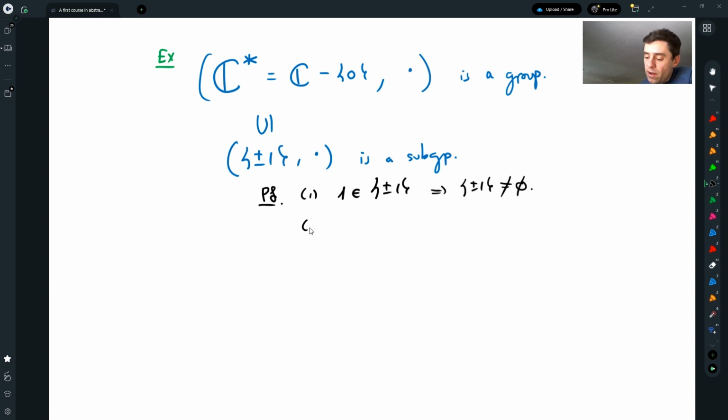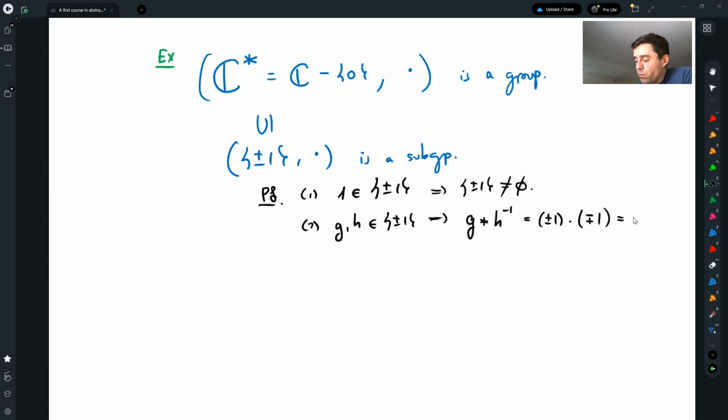And then every time I have g and h in plus minus 1, then how much is g star h inverse? Well, this is going to be plus or minus 1 times, and then the inverse is going to be something like minus or plus 1. This product is always going to be a plus or minus 1, which is going to belong to plus or minus 1.